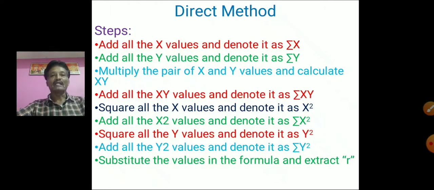In this manner, for however many pairs of values are given, you multiply and enter the value in the column xy. Then you add all the values in the column xy, and it is denoted by sigma xy. Are you clear? You take the product of x and y values, enter it in the column xy, and then take the total of all the xy values, denoted by sigma xy.